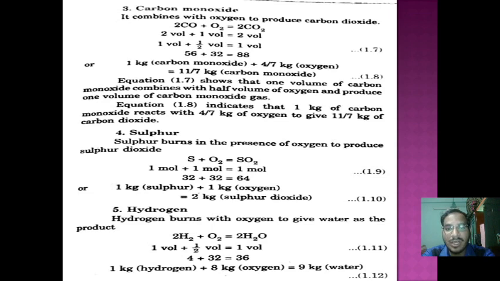How much carbon monoxide we have to take from outside, and the quantity of the air fuel mixture, we are seeing that only.